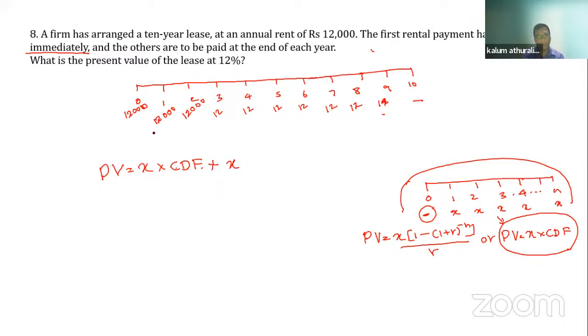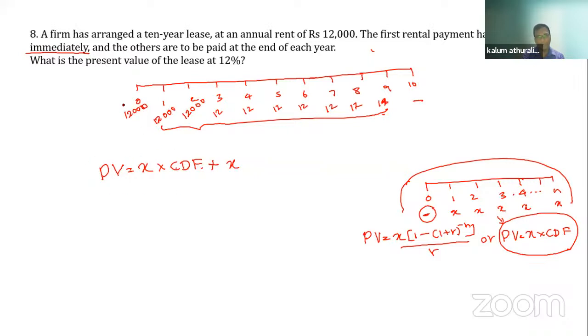Using this formula, you can get the present value of this series of payments without this one, that is, without the payment at 0.